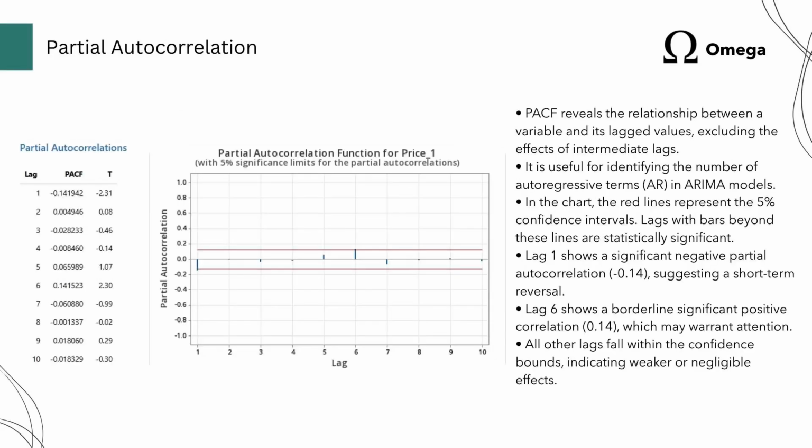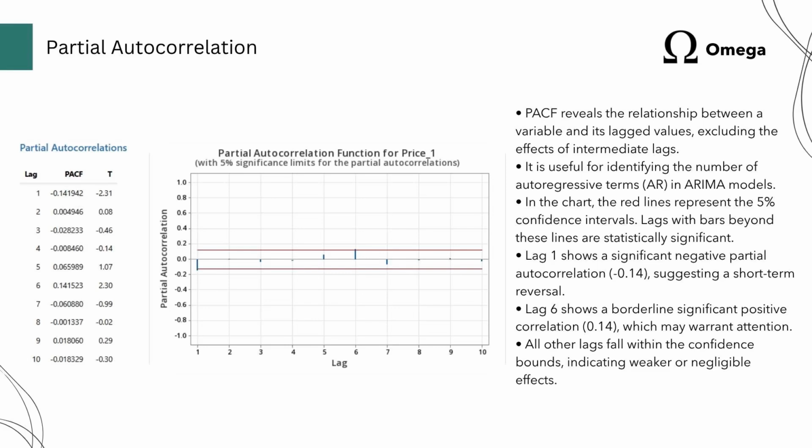Next, the partial autocorrelation function is a tool used in statistics and time series analysis. In simple words, it measures the direct relationship between the time series and its past values, removing the effects of values in between.